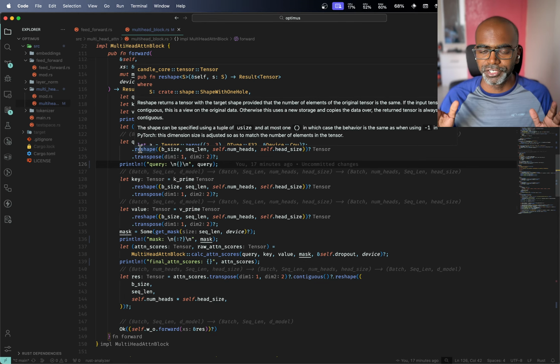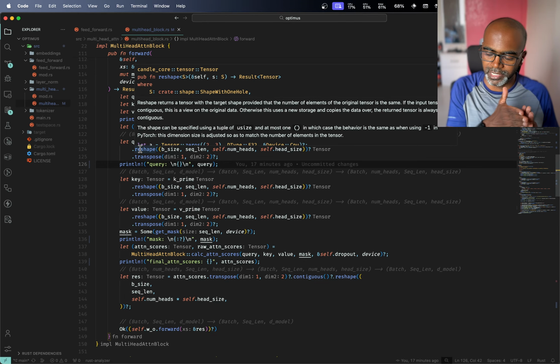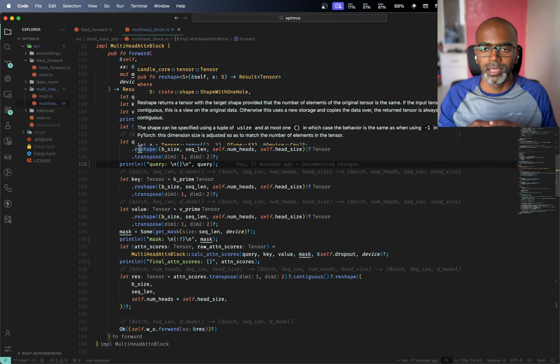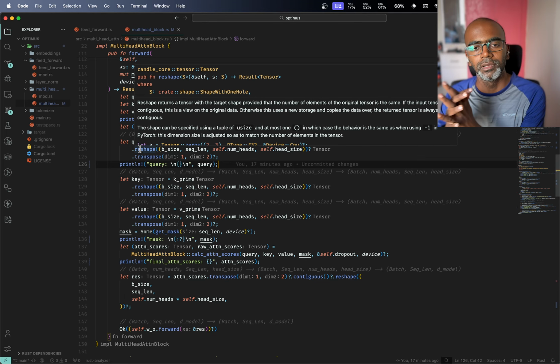In Candle, you only have reshape. Again, it's generic over the tensor that you want to operate on. If the tensor that you've supplied to the reshape operation is contiguous, that means all of its elements are laid out one after the other in memory, in row major style, you can simply reshape it, and that reshape is going to be like a view.